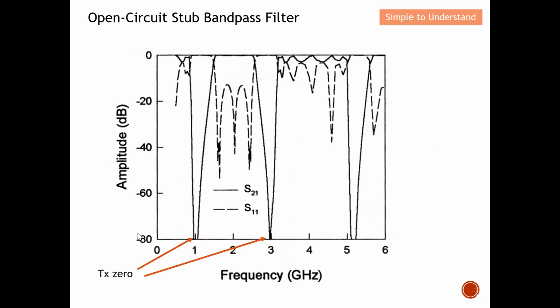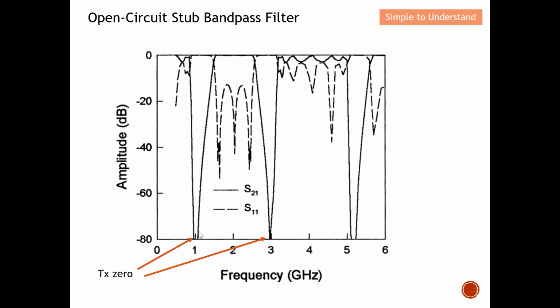Next, when I implement using an open circuit stub, you can see that the roll-off factor is definitely much better as compared to the short circuit stub. The reason I have a steeper roll-off factor is that I have two transmission zeros, which means this will be the minimum point of the transmission.